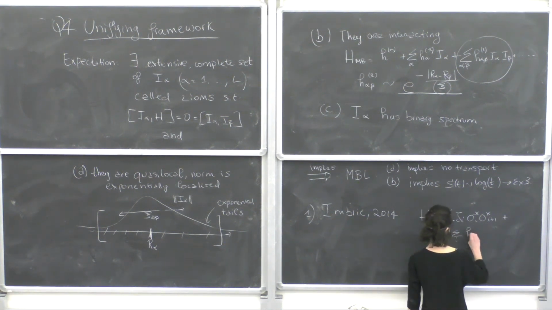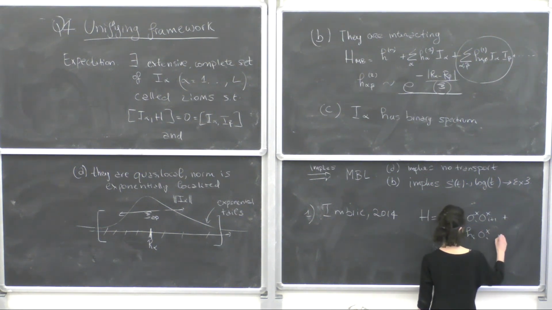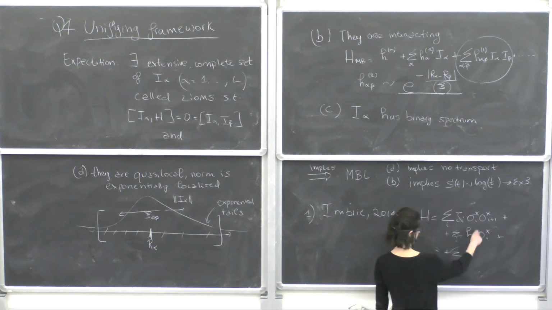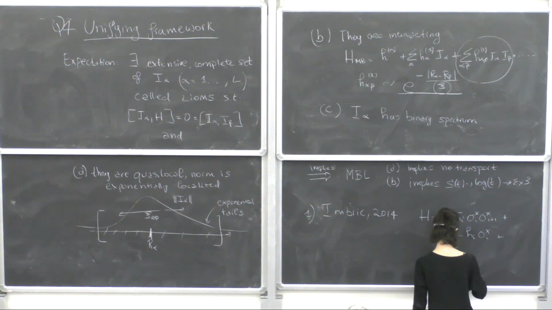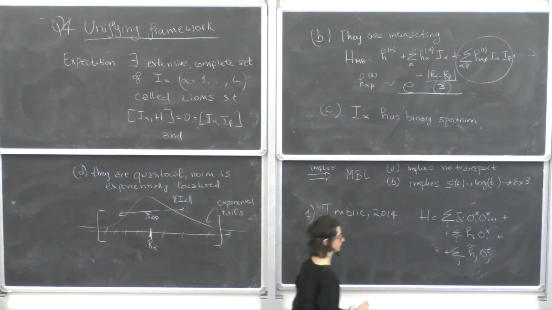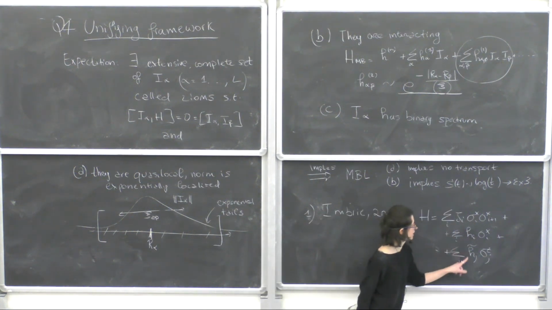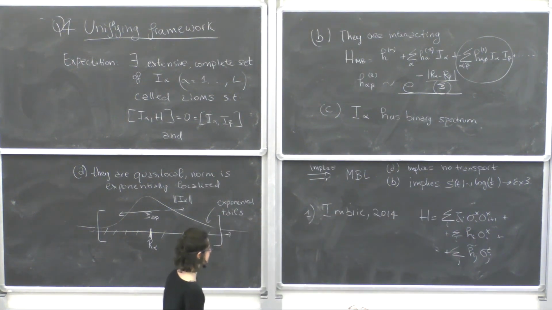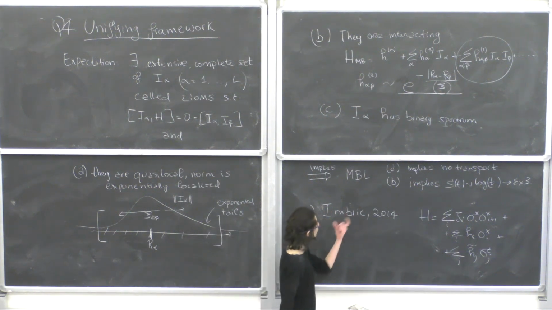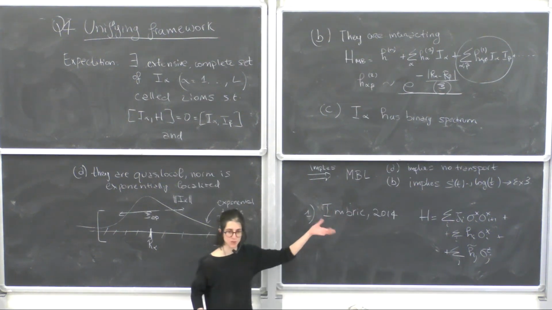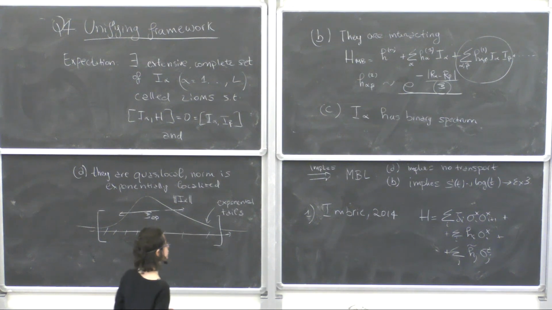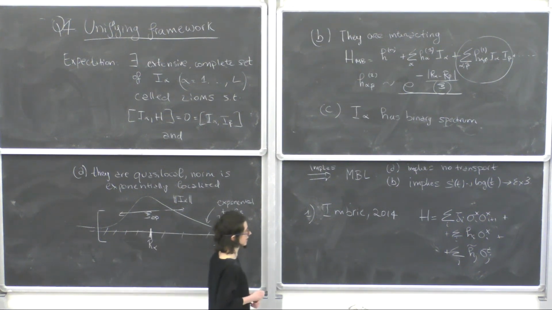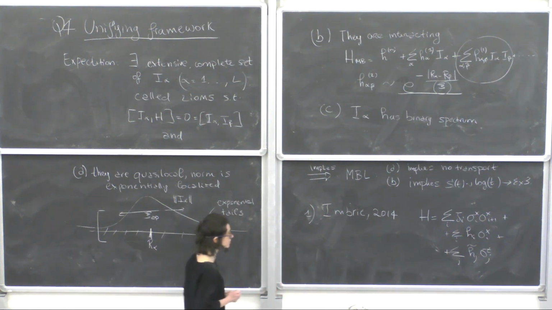Let me call it H, I, sigma X. And then you break the symmetry by putting another term, H tilde J, sigma Z. All these couplings are random variables. And this is what people call an almost proof, in the sense that there is an assumption that he needs to prove this, but provided that you believe that assumption, then all of this follows.